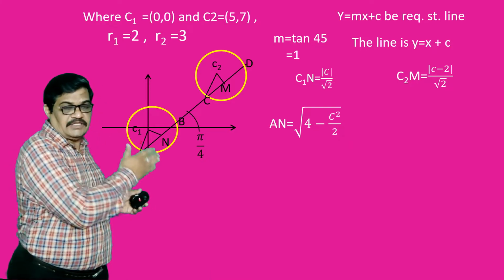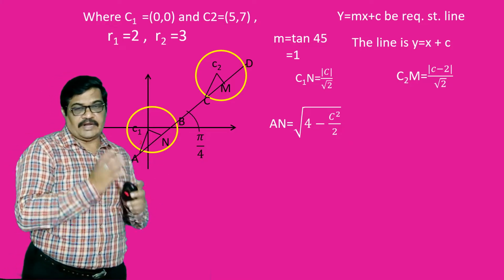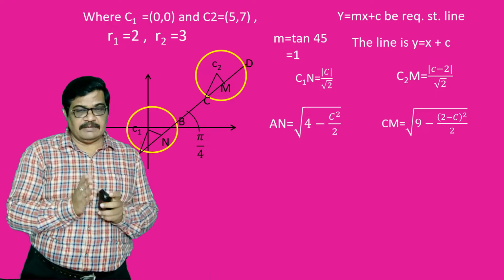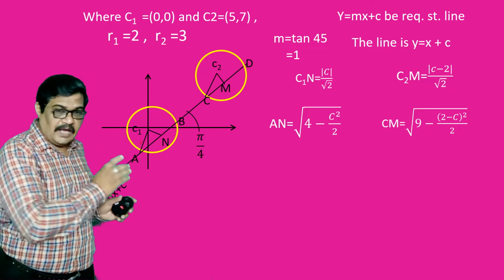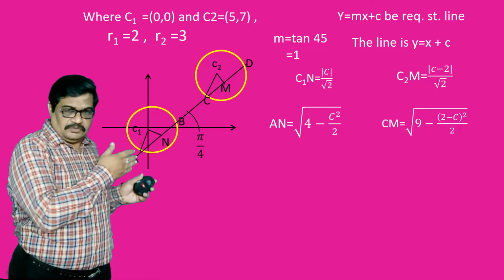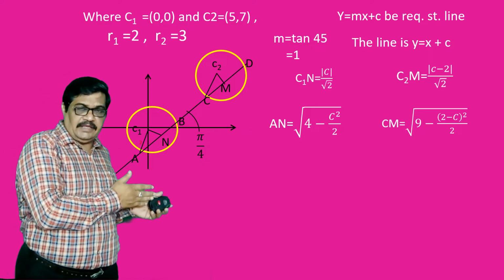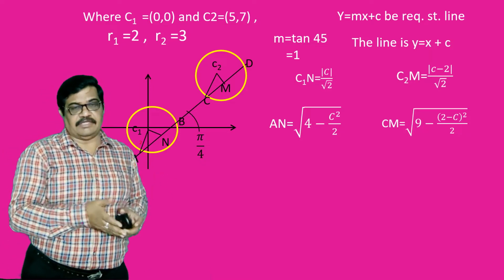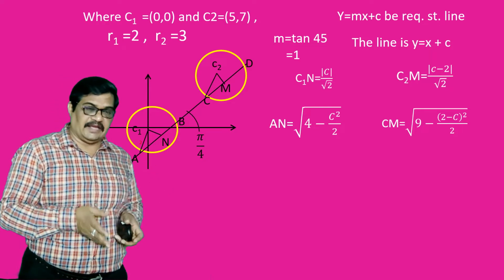Similarly, from the triangle C2CM, we are getting CM as root of (9 − (2 − c)²/2). So we are getting the AN distance and CM distance from these two triangles.